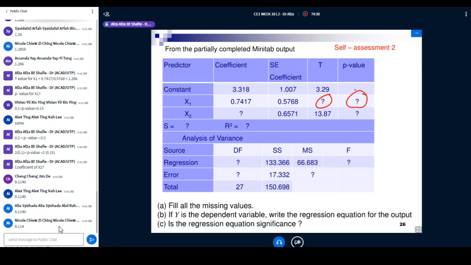So what's the p-value for x2? How do you get 0? Are you sure you get 0?